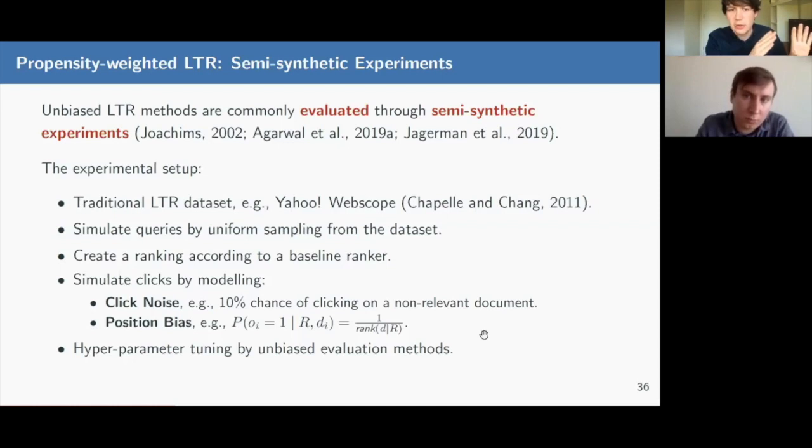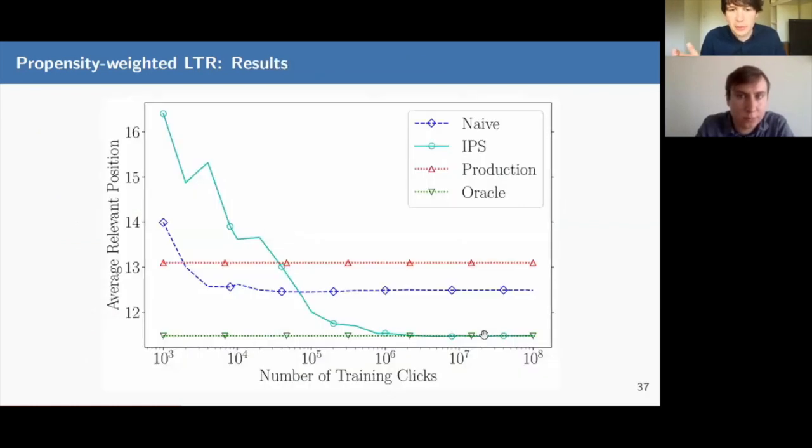These annotations were used to create these clicks, but we can use them to evaluate. Because in this case, we are the ones simulating these clicks, we know that the annotations really are what's relevant or not. This is, of course, very different from a real scenario because these annotations, well, we discussed the problems earlier. But in a simulation, we can really evaluate our models because we have the ground truth.